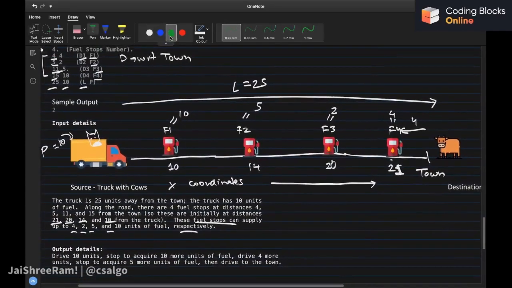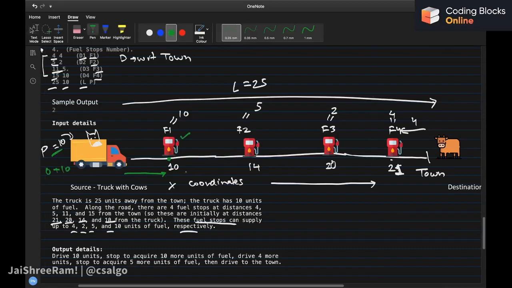Okay, so let's try to think. So let us suppose you initially have 10 units. So clearly using 10 units you can reach this fuel stop, and at this location the truck will have 0 fuel, and you will add 10 units of fuel from this stop.